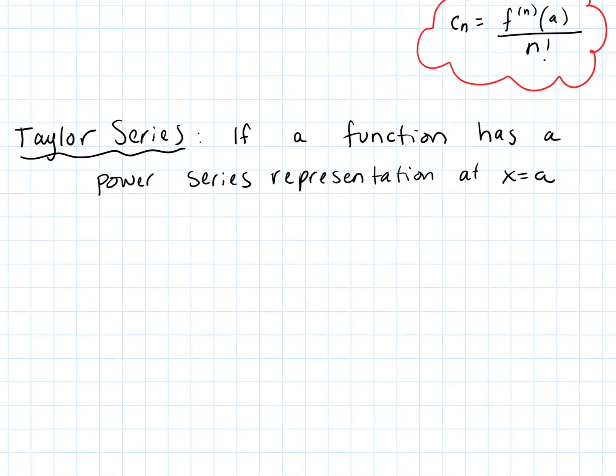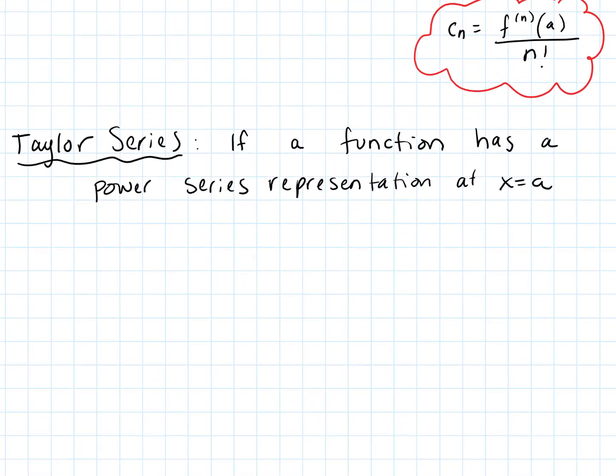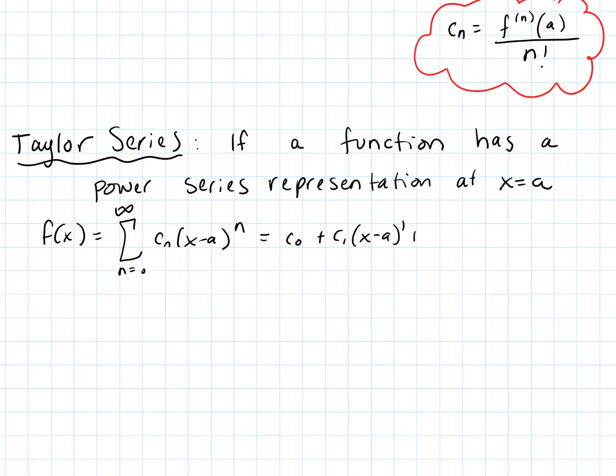but if it has a power series representation, then that means that f of x is equal to the power series from n equals 0 to infinity of c sub n times x minus a to the nth, which would be c0 plus c1 times x minus a to the first plus c2 times x minus a squared plus on and on we go.